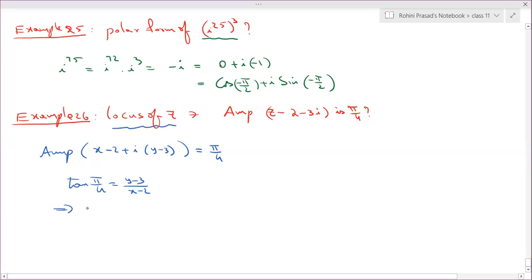So tan pi by 4 is 1, y minus 3 by x minus 2 equal to 1. That implies y minus 3 equal to x minus 2. So x minus y plus 1 equal to 0. And that's the locus, it's a straight line.